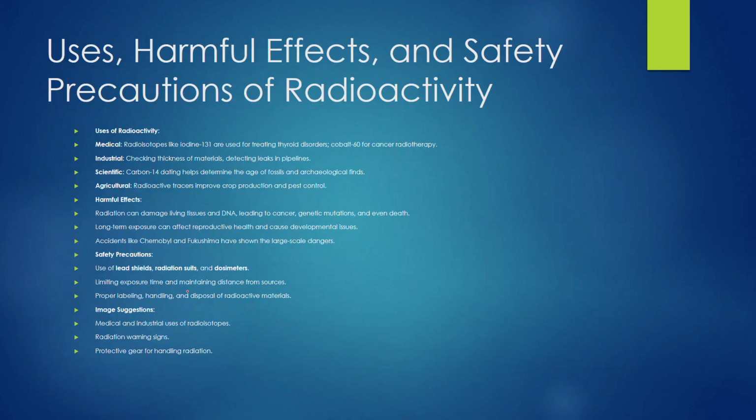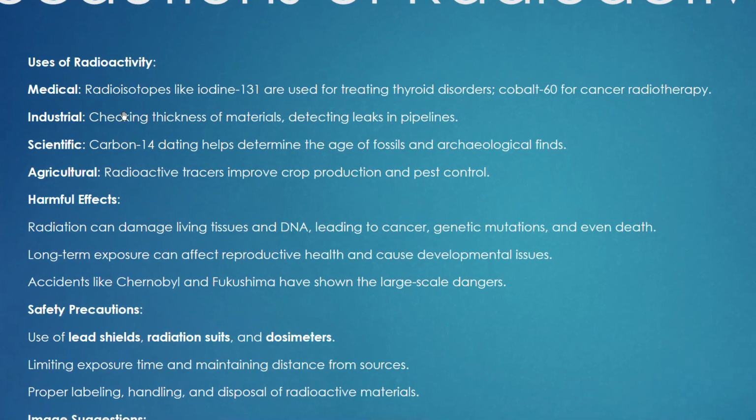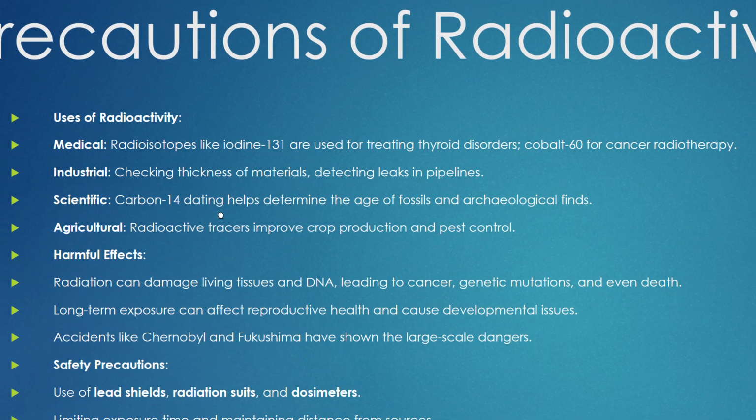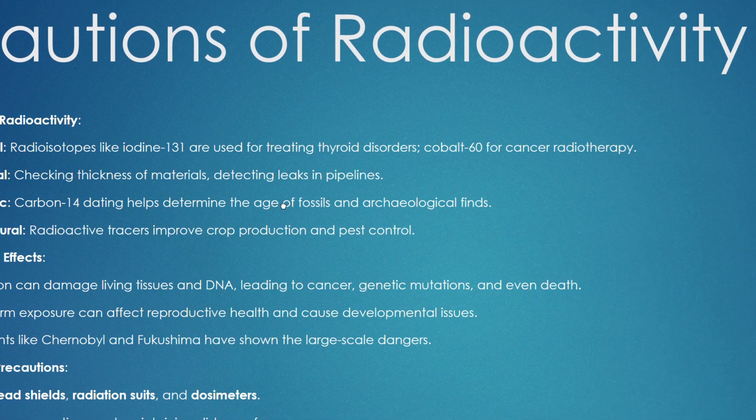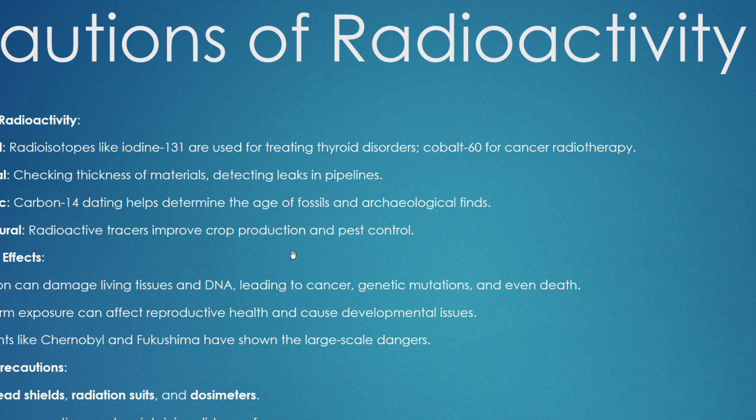Okay, let's get to the uses, harmful effects, and safety precautions of radioactivity. First of all, we'll go with uses of radioactivity. Radioactivity is used in medical, industrial, scientific, and agriculture fields. First of all, what is medical use of radioactivity? See, radioisotopes like iodine 131 are used for treating thyroid disorders, and cobalt 60 for cancer radiotherapy.